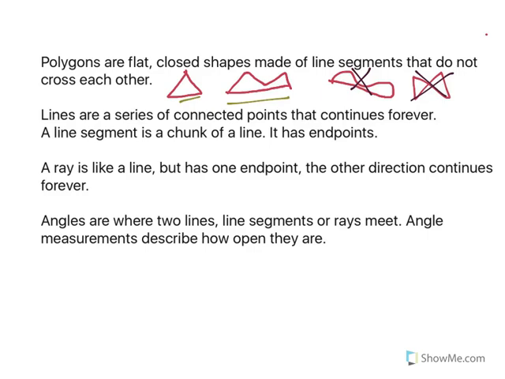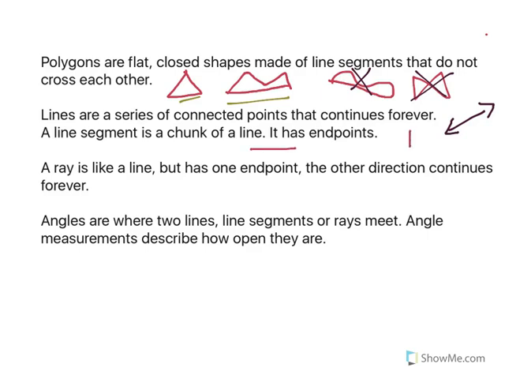And we talked about line segments, and remember, in math, it's a little bit different than in art, but lines are a series of connected points that continue forever, like that. The arrows show that they continue forever. Let me try that again. And a segment is just a piece of that line, and it has end points, so it doesn't continue forever.